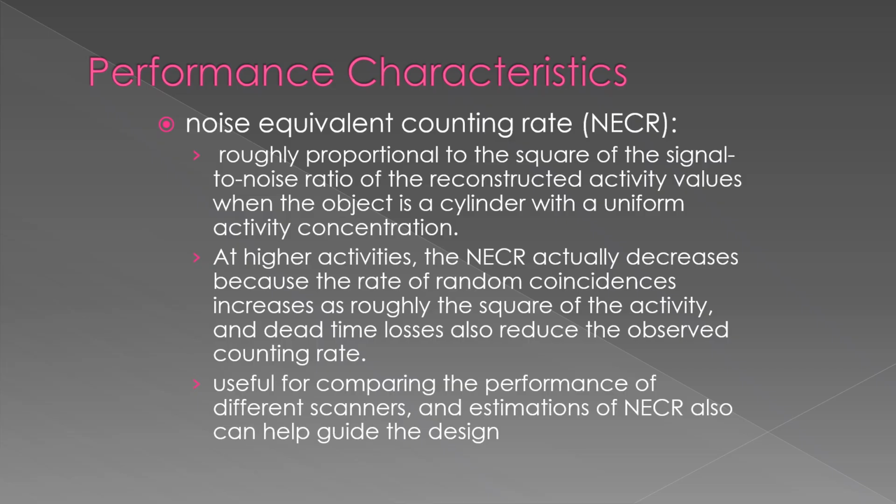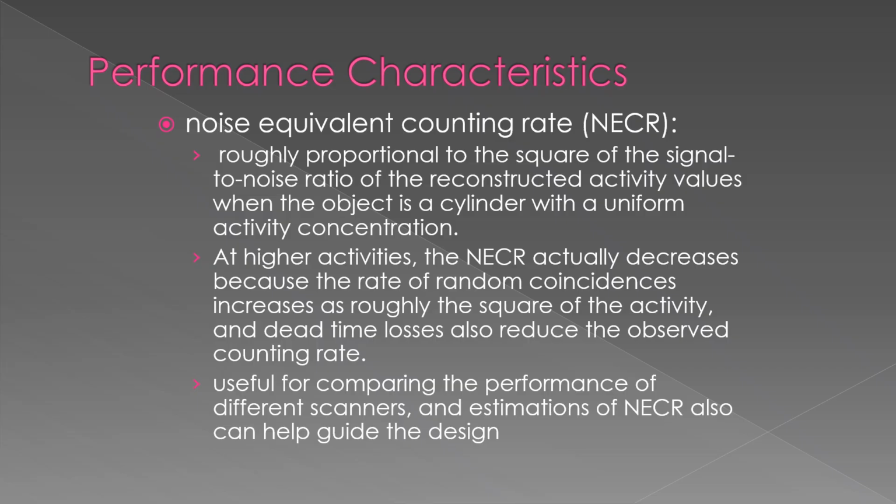So signal to noise ratio is important for all of our imaging. We want to have a really good signal to noise ratio. At higher activities, the noise equivalent count rate actually decreases because the rate of randoms increases as roughly the square of the activity. Dead time losses also reduce the observed counting rate.